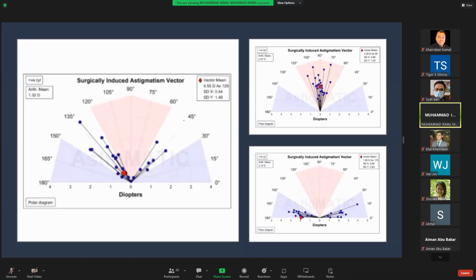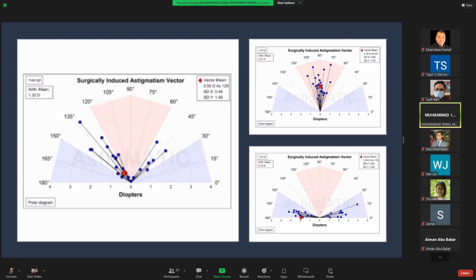This is the example for the single angle plot analysis. If we separate the data into with the rule, against the rule, or oblique astigmatism, we can see that the with the rule astigmatism is grouped together, and we can see the vector mean here at the center.